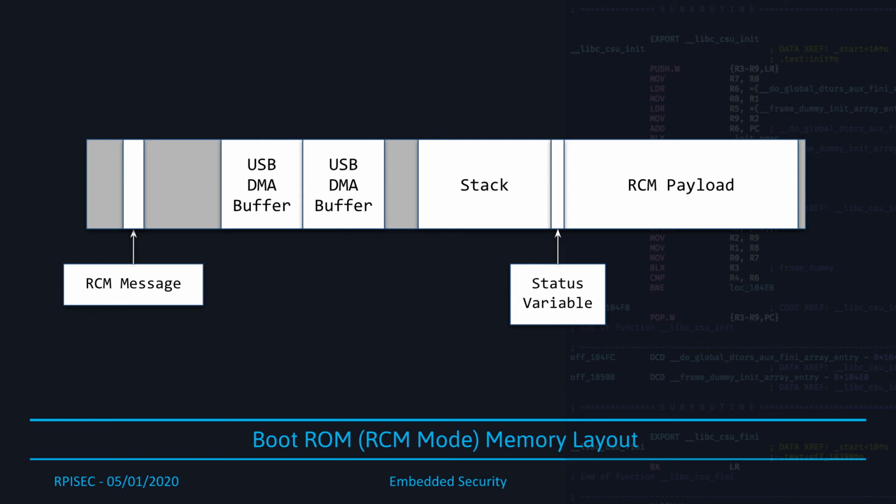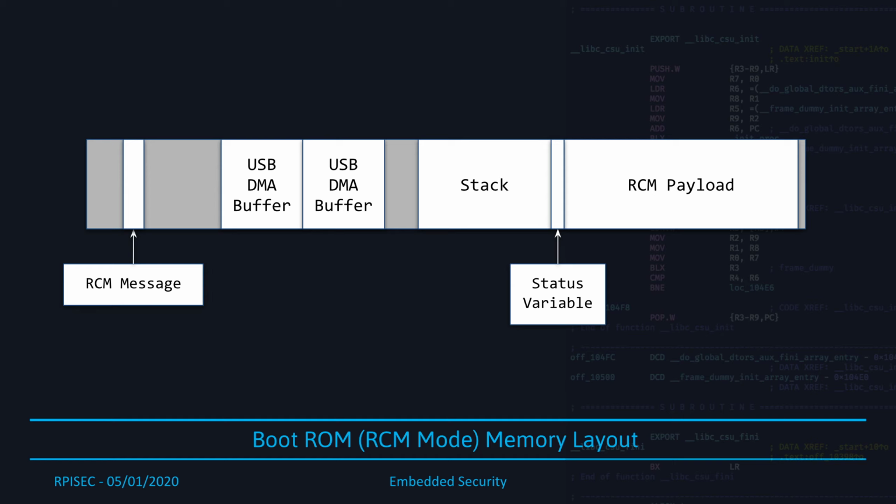And then you have the stack for the actual application that is doing all this stuff, the recovery mode application, running with essentially boot ROM level permissions. You have the status variable, stored on the stack, and this will be important.